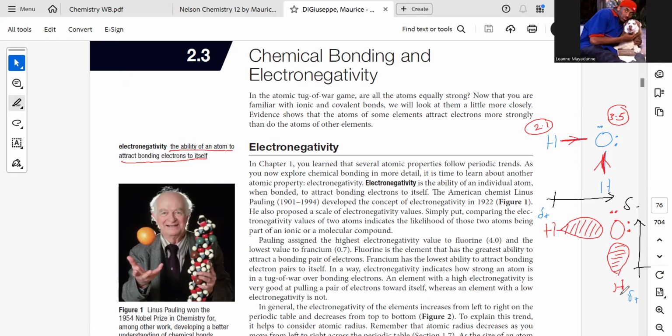So what does electronegativity do? It doesn't pull the hydrogen closer, it pulls the electrons closer to itself. So the electrons are moving toward the atom which has more electronegativity.